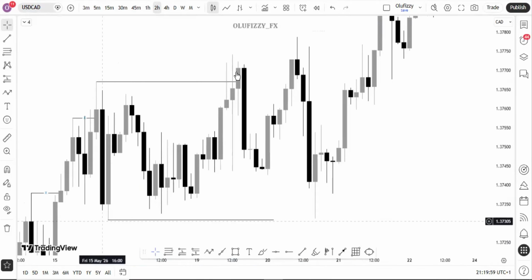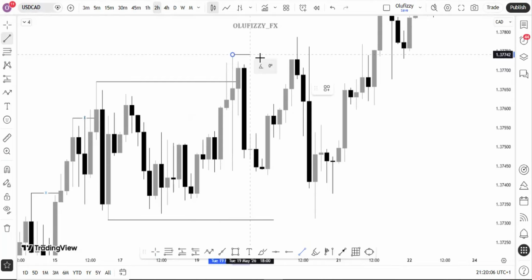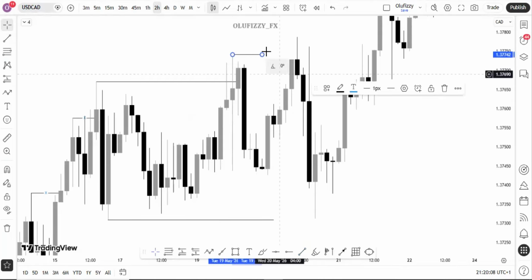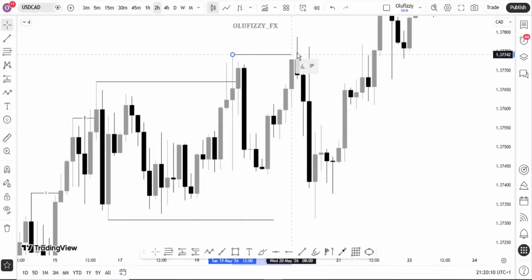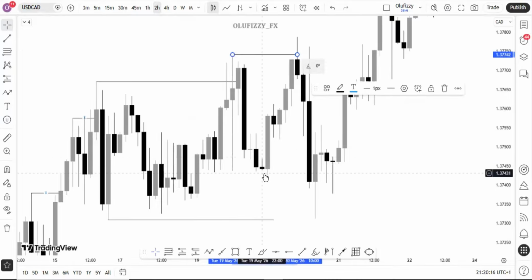And this is going to be a new range from this low to this high, because this is the high that price created before price pulled back again. And you can see what price did there. When price created this low, it created this high to give us a new higher low. It came, but it doesn't break this high.